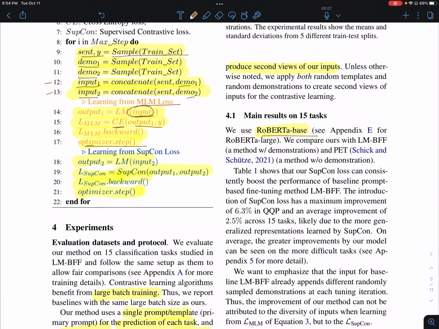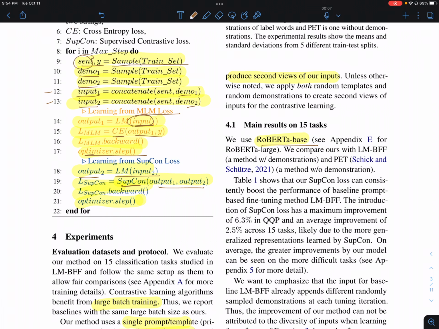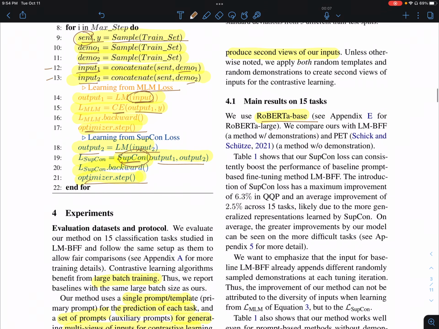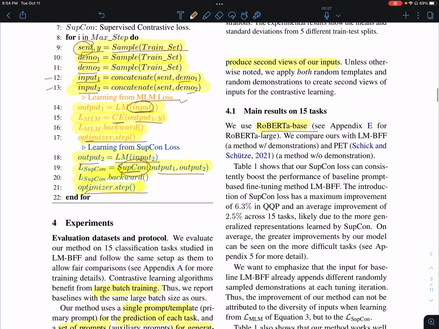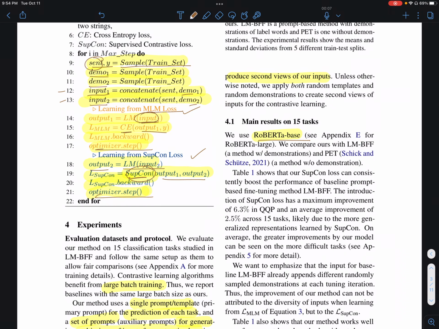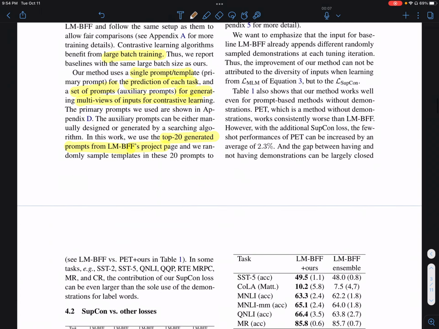After they update the weights, they use input two to generate output two. Now they have two different outputs, and they correspond to the same sentence. So this would be a positive pair example, right? They then compute the supervised contrastive loss, and use that to update the parameters. So they apply both the MLM loss as well as the supervised contrastive loss. That's what they do in their method.